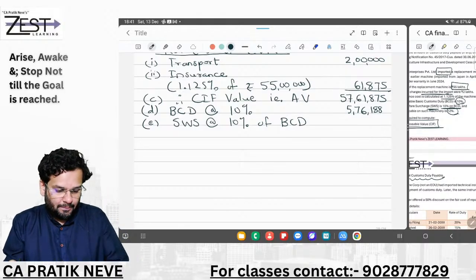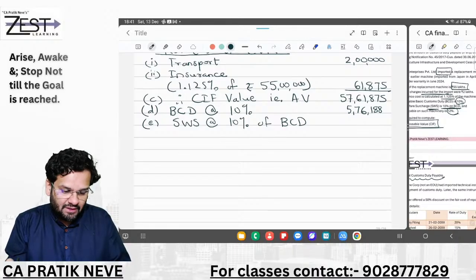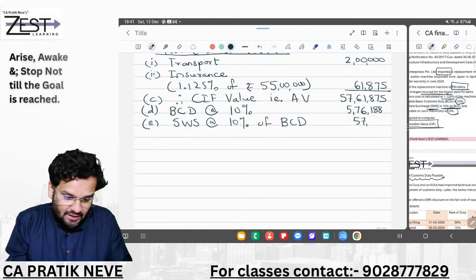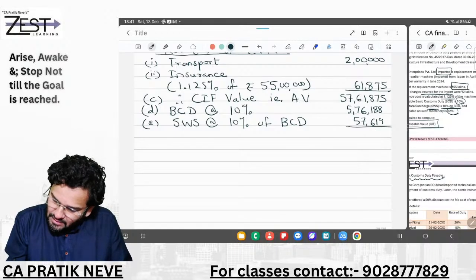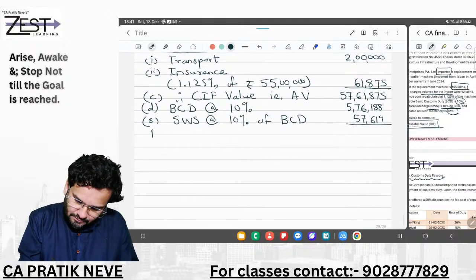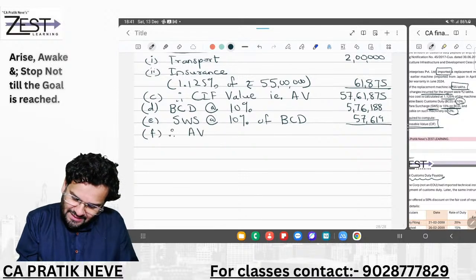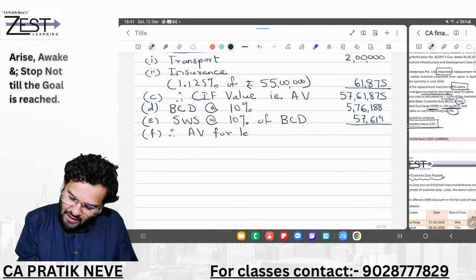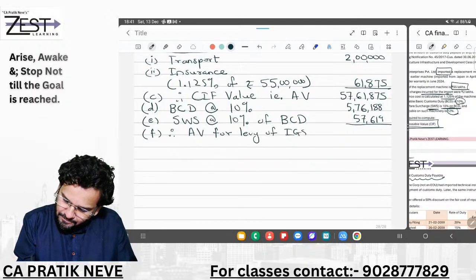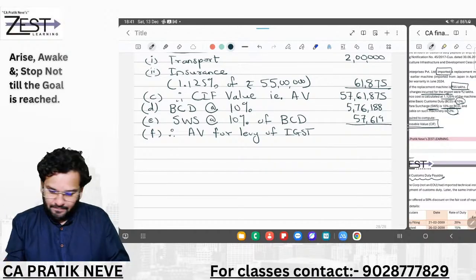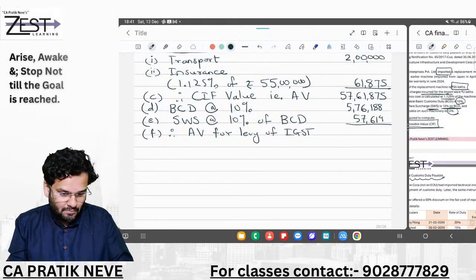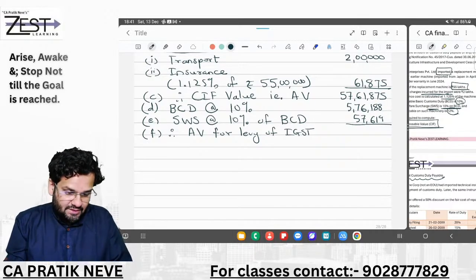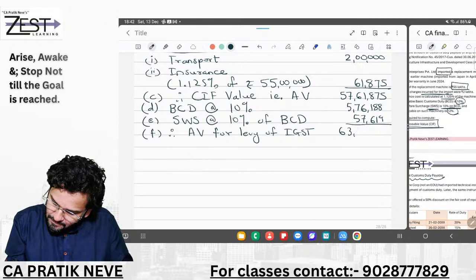So it will become 57,619. Now tell me what is therefore assessable value for levy of IGST. So isn't it 63 lakh 95,682?